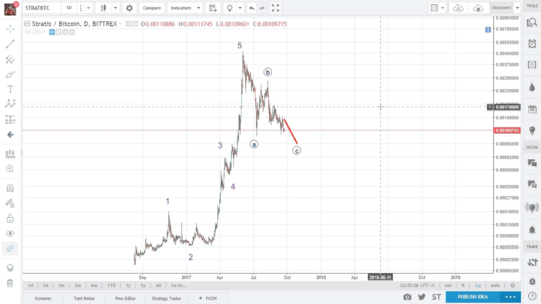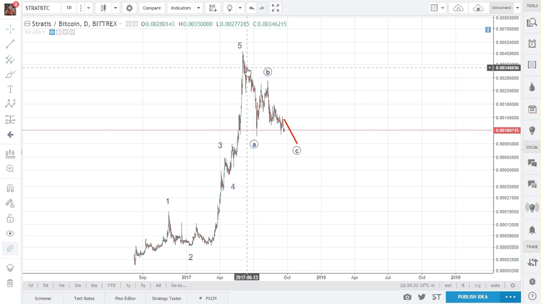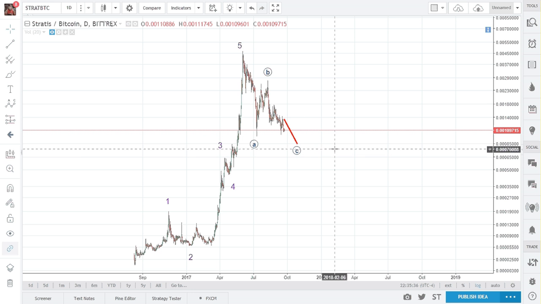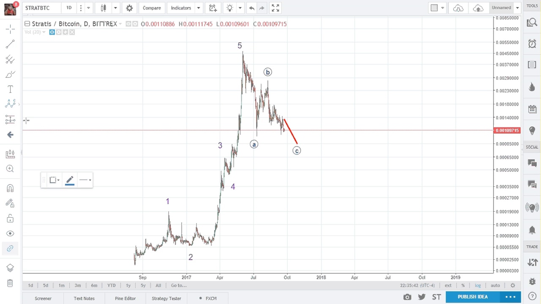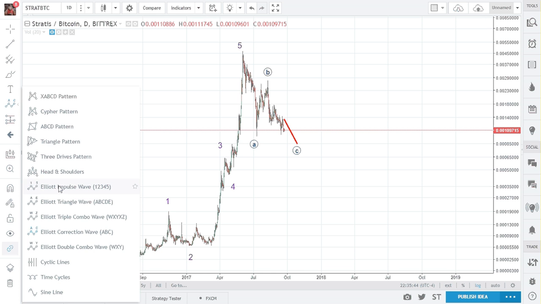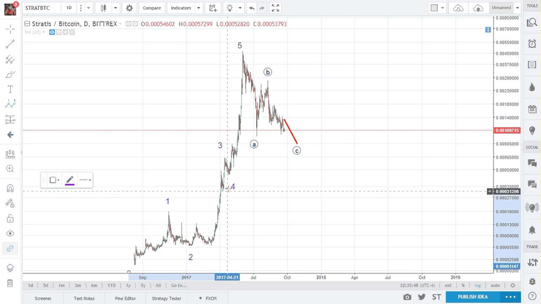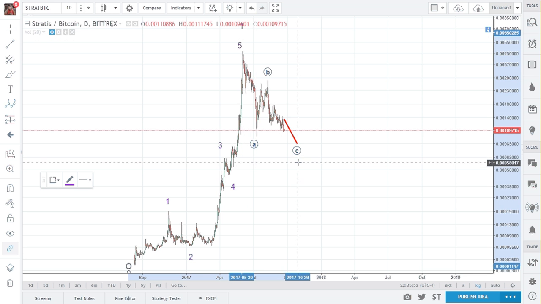Could be, but I prefer not to count that way. I would prefer this to be the more primary. These 5 waves, 1, 2, 3, 4, 5, are subwaves of a higher level wave 1.